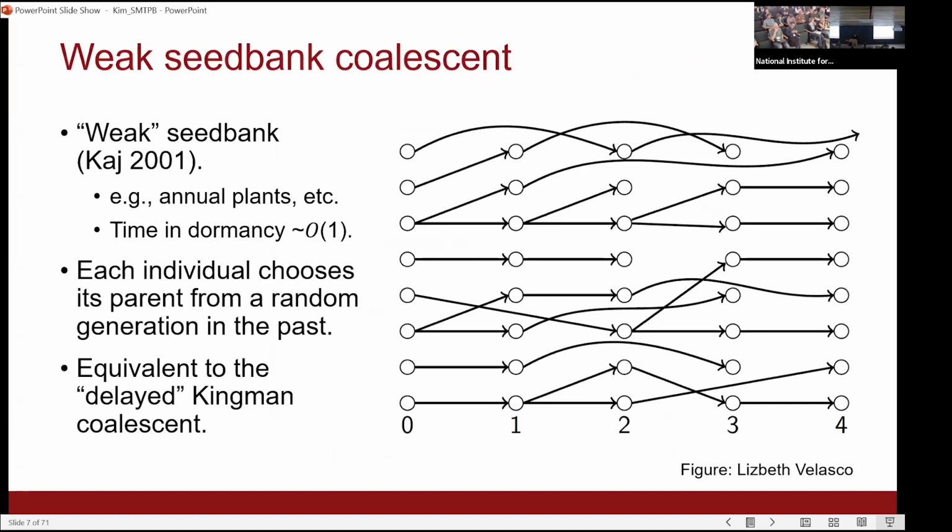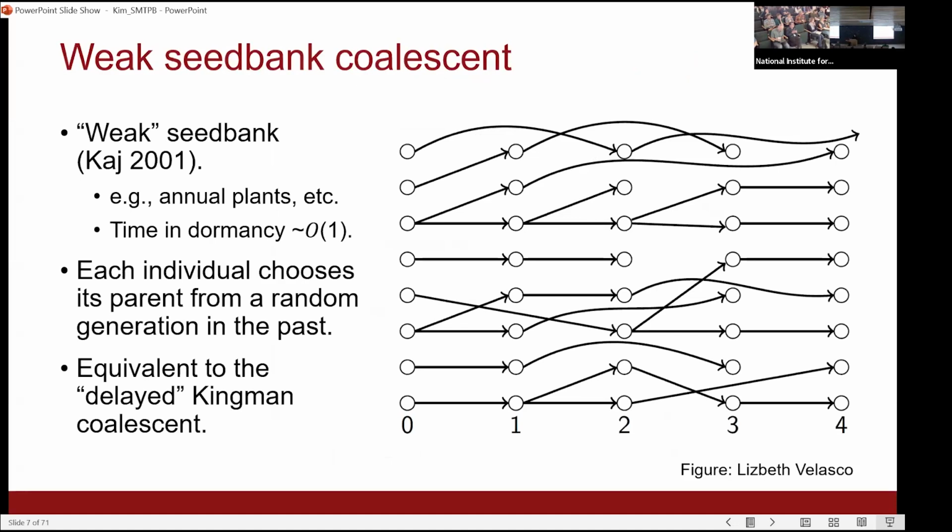One is called the weak seed bank coalescent, weak in the sense that the time spent in dormancy is negligible with respect to the coalescent time scale. This model can be utilized for annual or perennial plants. Instead of picking your ancestor right in the previous generation, there is some geometric time distribution over which you can select your previous ancestor.